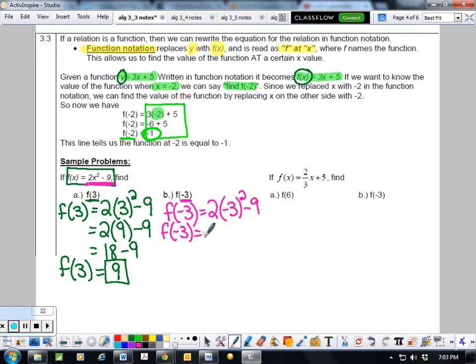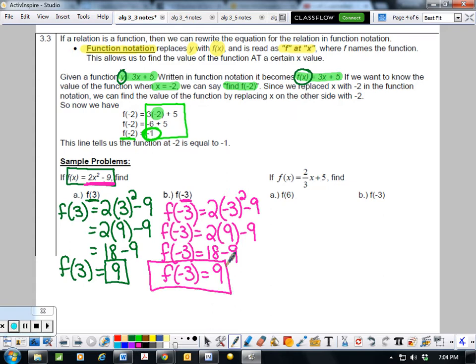So -3 times -3 is positive 9. And then 2 times 9 is 18. And then 18 minus 9 gives me 9. So the value of my function at -3 is 9. And that's it. That's all I'm really doing.